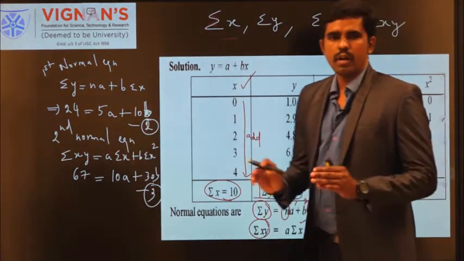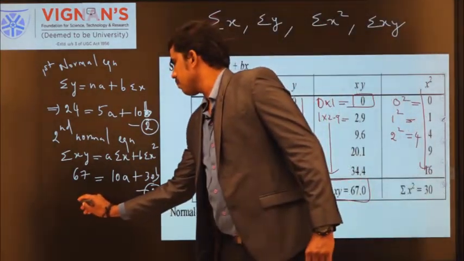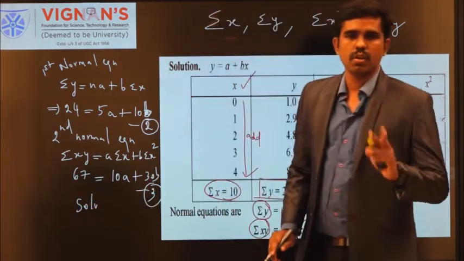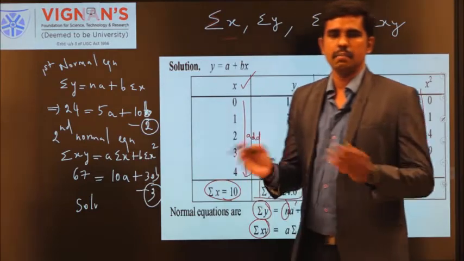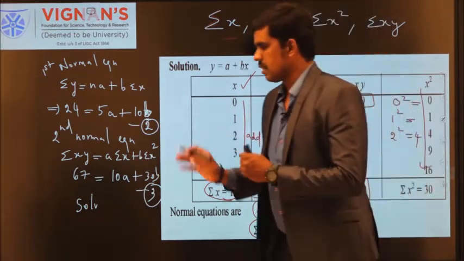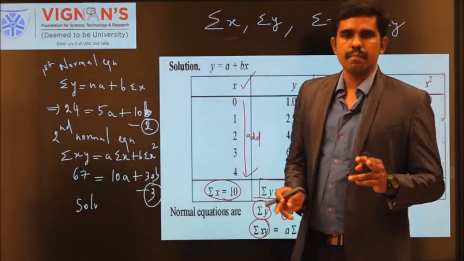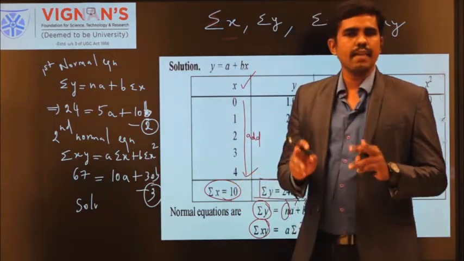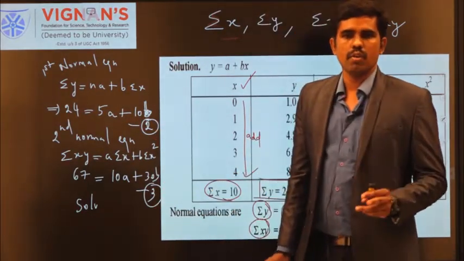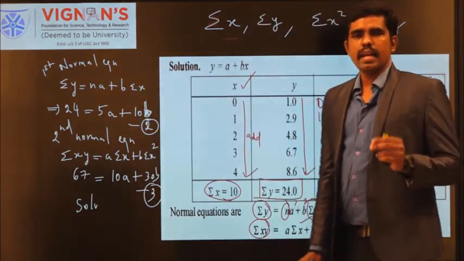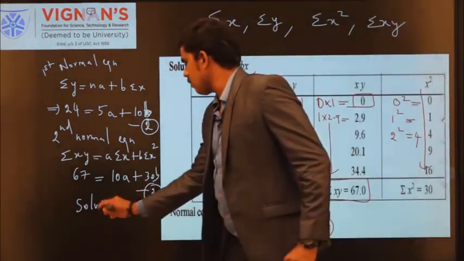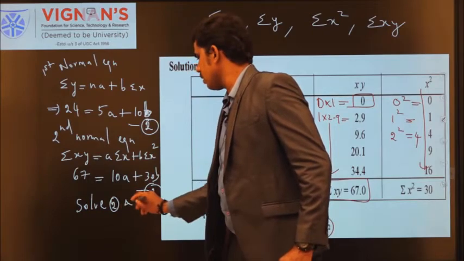Now I want to find a and b. Actually I am having two equations with two unknowns. You know how to solve; you have many methods. You can use either method to find the two unknown values a and b. So solve the second equation and third equation.